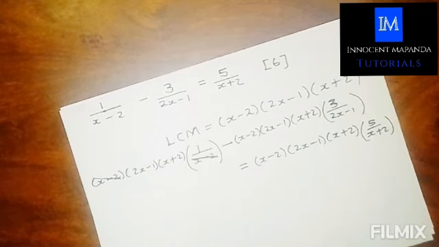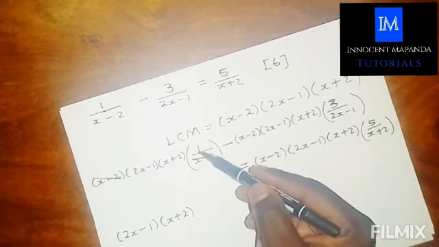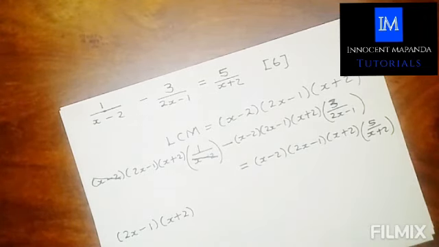So on my left side, I'm going to be left with 2x minus 1, x plus 2. Since we have got 1 inside the bracket, each and every number multiplied by 1 just comes out as it is. So there is no effect of 1, since you get the same result after multiplying by 1.